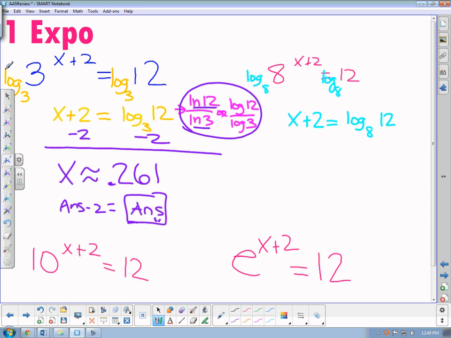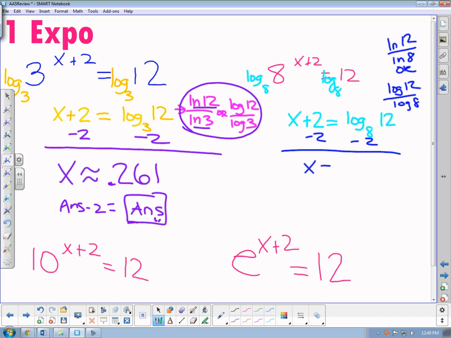Again, to figure out log base 8 of 12, it's log 12 divided by log 8, or ln 12 divided by ln 8. And then finally you would subtract 2, and x would be approximately equal to negative 0.805.